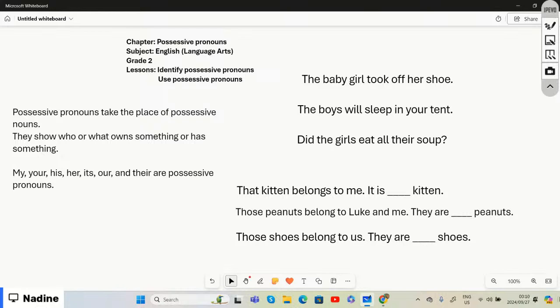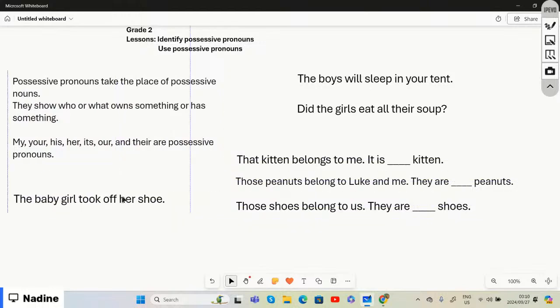of possessive pronouns, and then the first example will be, if we look at this example, I'm going to put this here.